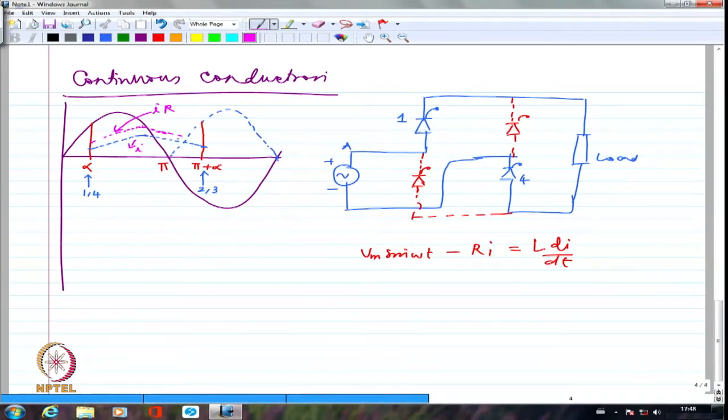Now, when the current starts declining, if I show the inductance and the resistance separately, I'm going to have very clearly plus here and minus here. So the inductance stored energy is going to aid the supply voltage as long as it is still in positive half cycle, because in positive half cycle I'm going to have plus here and minus here.